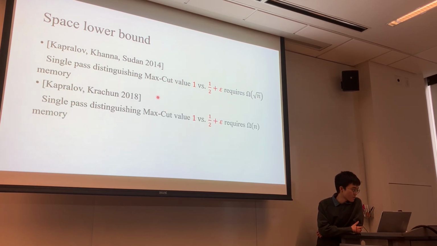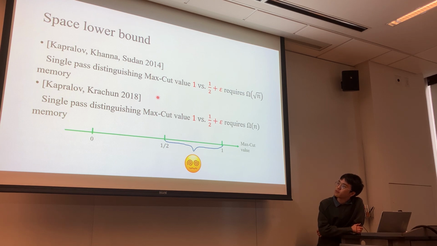And later this was improved to an omega of n memory lower bound by Kapralov and Krachun. So this effectively says that in this interval, you cannot do anything non-trivial in terms of approximating max cut in a single pass with polylog n space.